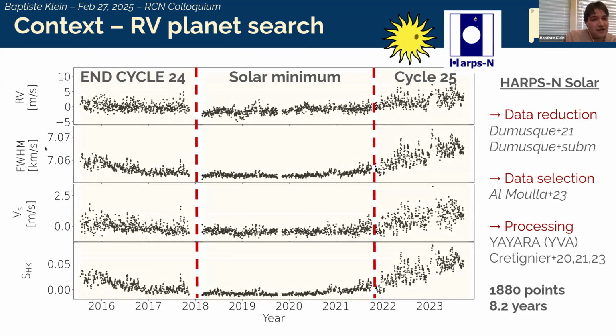Just also to describe it, here we have the FWHM of the cross-correlation function, the bisector velocity span, so the BIS indicator, and then you have the S and X here. The cut here is just due to an operation on the instruments, and so that felt quite natural to just have a cut here for this period. So that's our input data set.